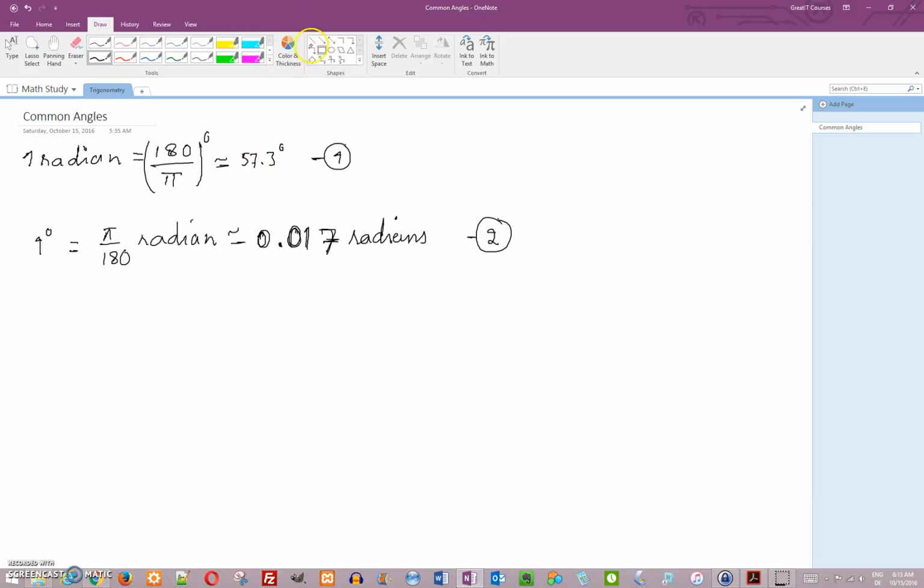So in order to do that, I'm going to create a little table over here. The top row is in degrees, and the bottom row is in radians.